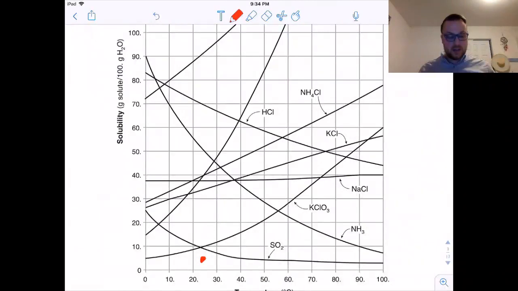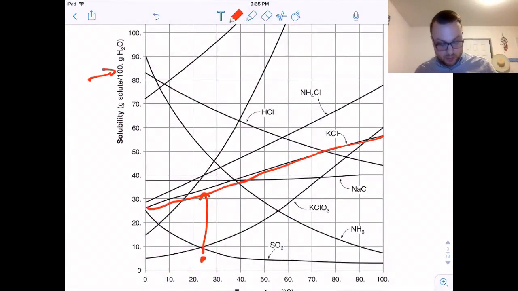So, first thing it said was 50 grams of water. This is measured at 100 grams of water, so you essentially have to take this line and divide it by 2. It's a little under 30, so pretty close to under 15. So the new curve is right here. That, to me, is still under the line, and if you're under the line, you are unsaturated.